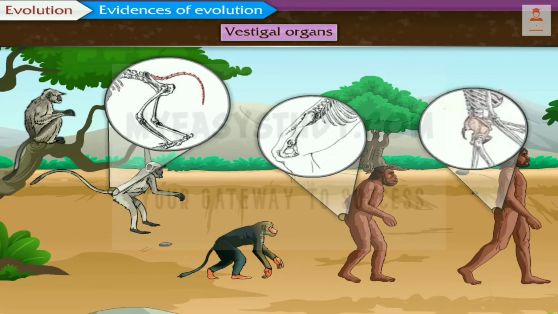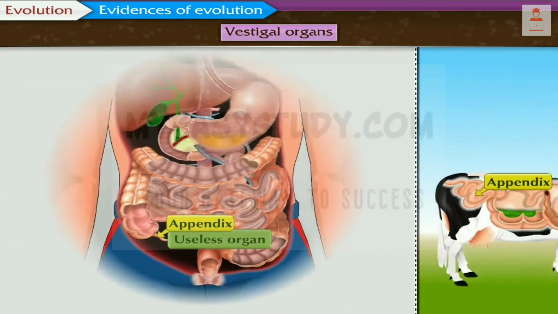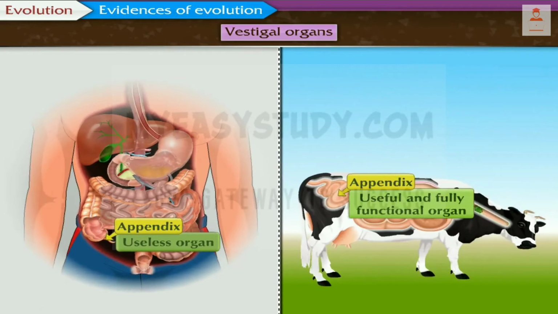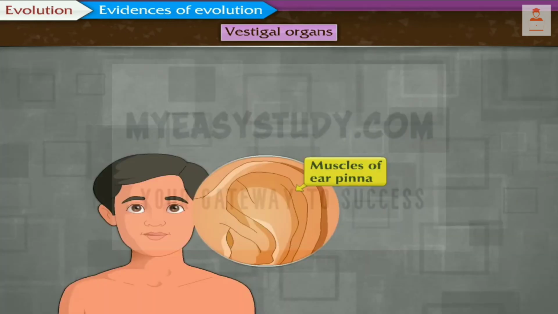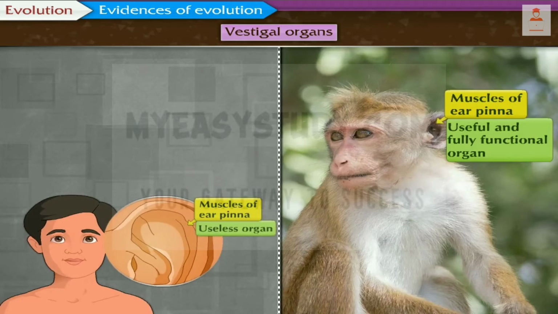That is, it is not vestigial in other organisms. Appendix, which is useless to humans, is useful and fully functional organ in ruminants. Similarly, muscles of ear pinna, which are useless to humans, are useful in monkeys for movement of ear pinna.